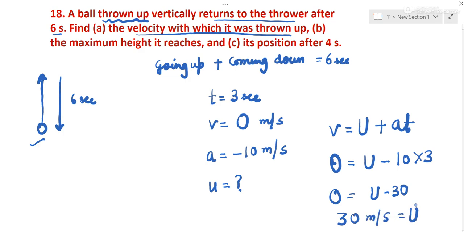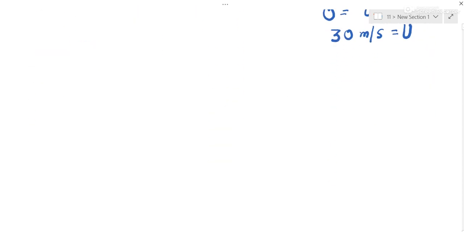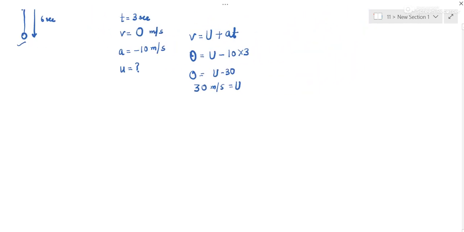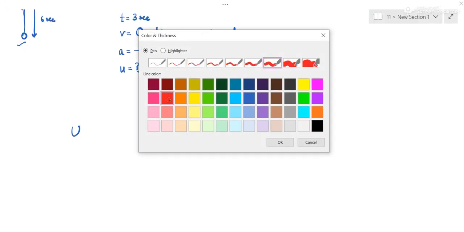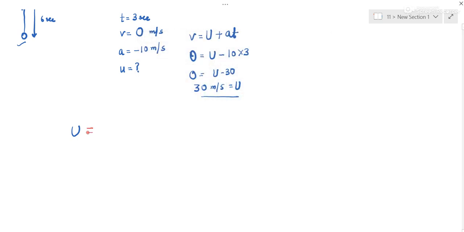This is u. And then we have the maximum height that it reaches. So you have all the details here. Now you have u also. U is 30. We have to find out the maximum height. It was going up, so a is negative.